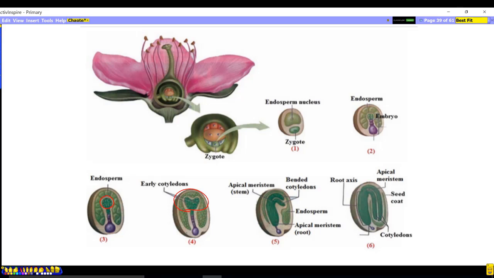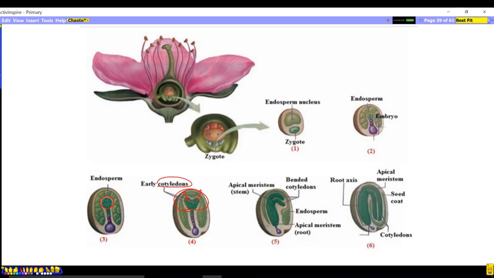These two parts, like the ventricles of a heart, extend out, but they are early cotyledons, which we call the embryonic leaves. So two extensions form, which shows that the plant is a dicotyledon.